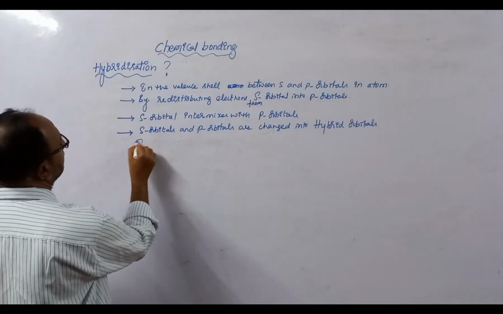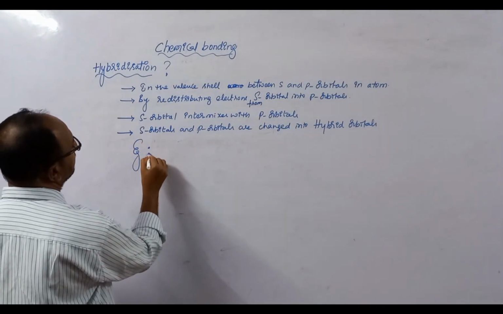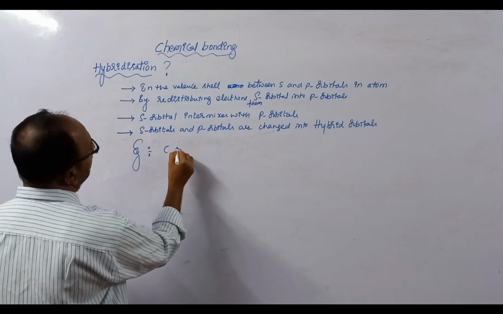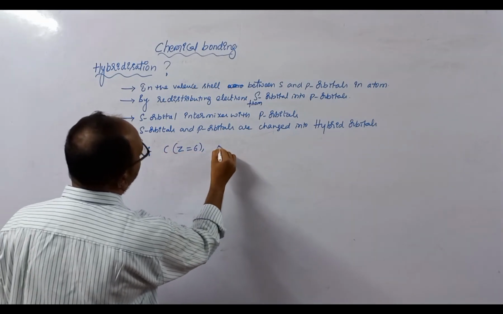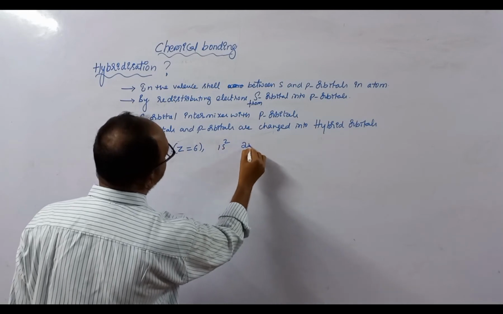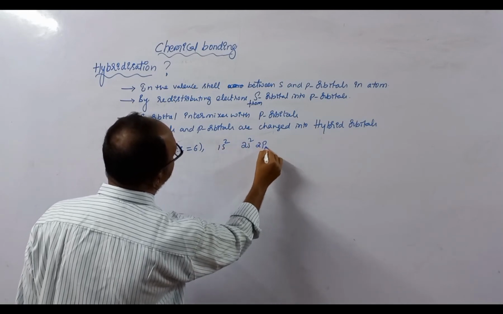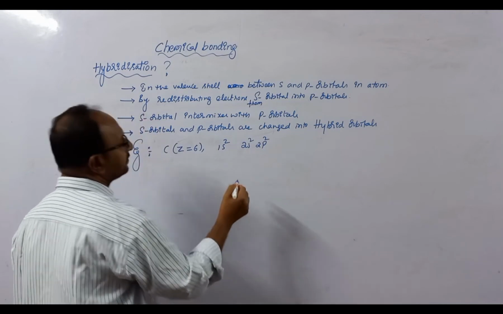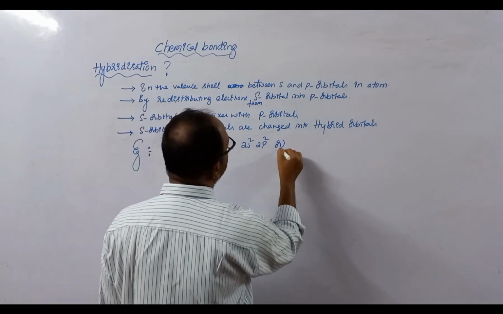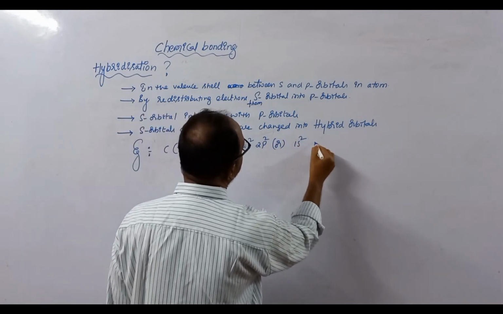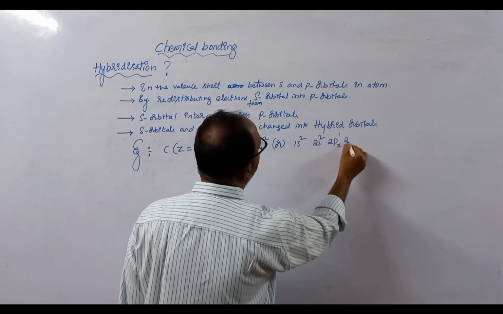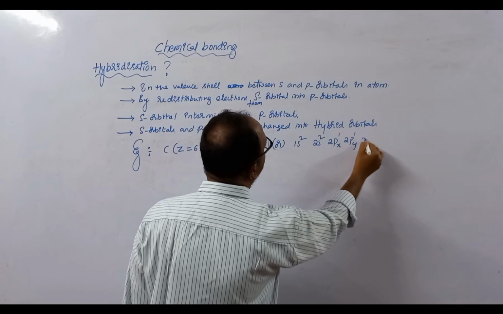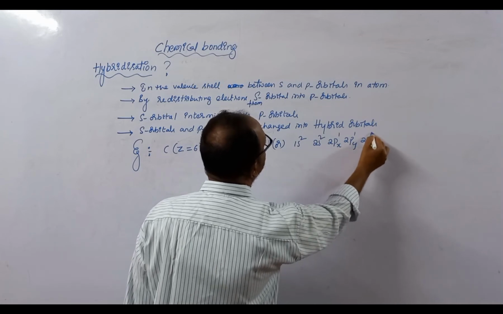For example, carbon. Carbon, you know, atomic number is 6. Its electron configuration is 1s2, 2s2, 2p2. In terms of Hund's rule, we can write it as 1s2, 2s2, 2px1, 2py1, 2pz0.